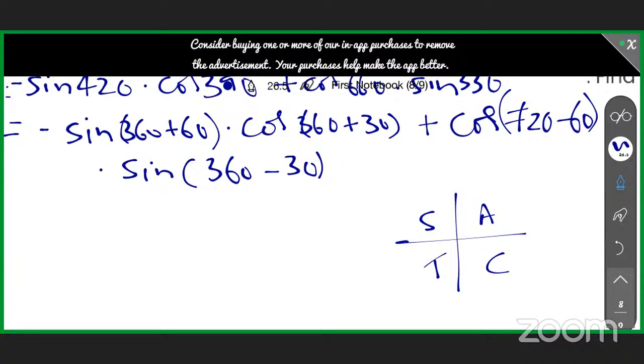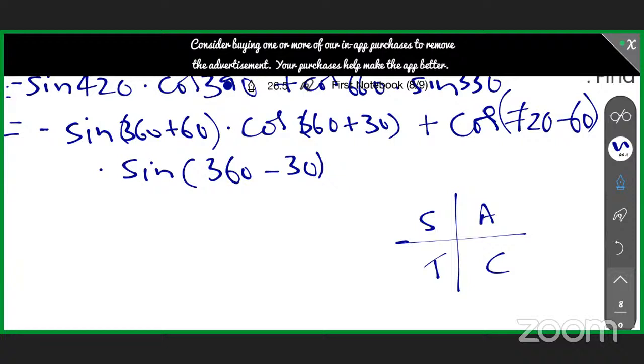If my angle is pi by 2, 3 pi by 2, 5 pi by 2, 7 pi by 2, and so on, to say generally, if my angle is 2n plus 1 pi by 2, then my trigonometric functions will change.